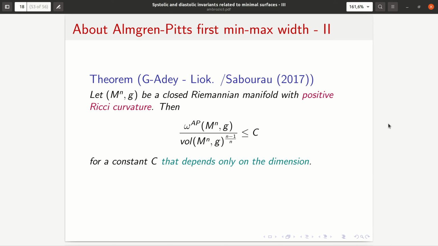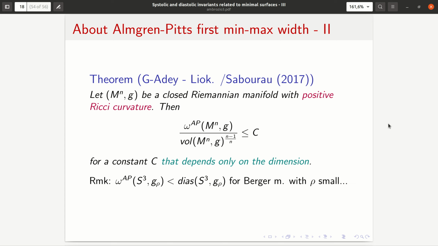So they show that for Riemannian manifolds of dimension n and positive Ricci curvature, there is a universal constant bounding from above the normalized Almgren-Pitts diastole by the right power of the volume. Okay, and you see, this is not a contradiction with my computation with Raphael of the Simon-Smith diastole.